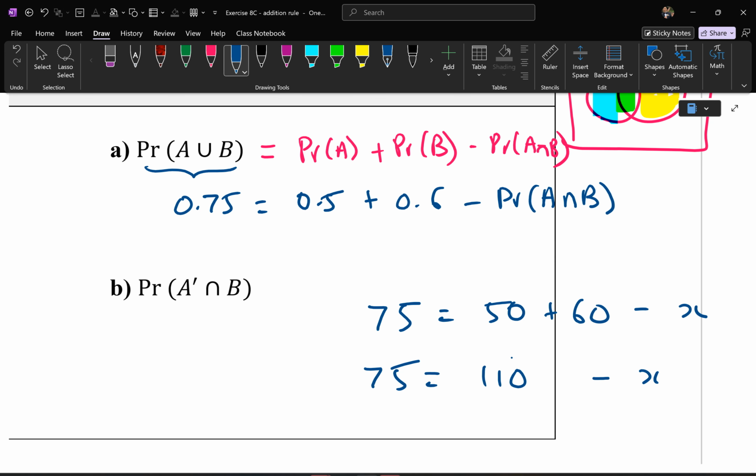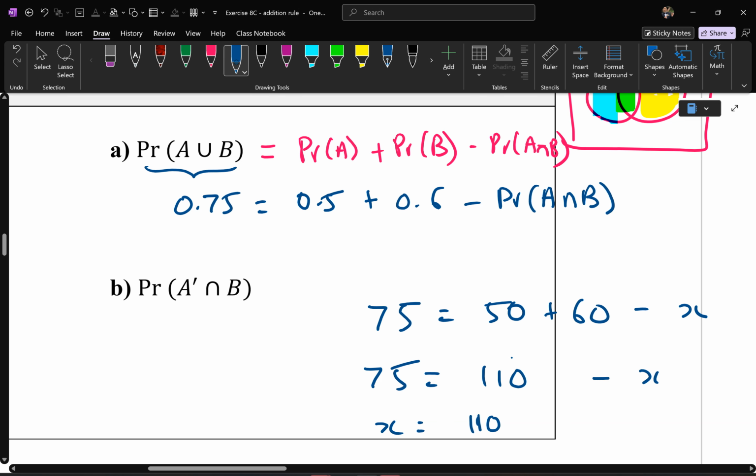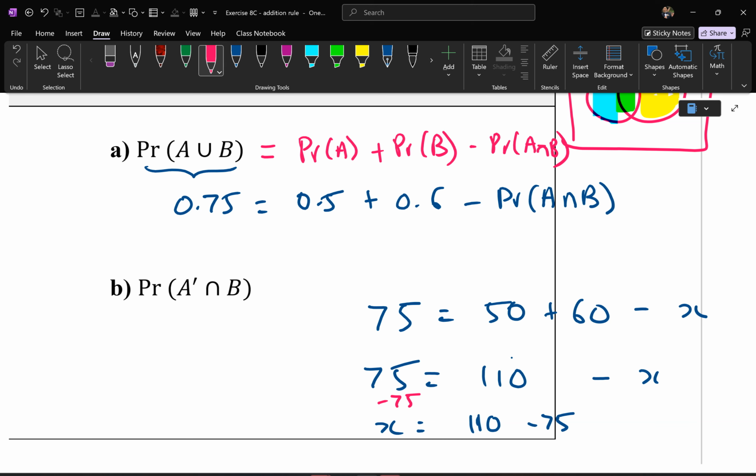And from here, you can solve for it by either adding x on both sides and then minus 75 on both sides. So it becomes x equals 110 minus 75. All I did there was minus 75 on the left, minus 75 on the right, plus x on the right, and then plus x on the left. So negative x plus x cancels out, 75 minus 75 cancels out, and then you're left with 110 minus 75.